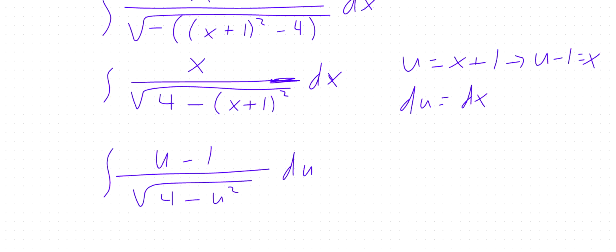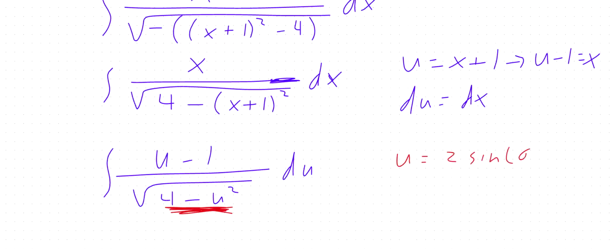Now this bottom, our u substitution still is not going to work. And we could try and split it up to do a u substitution, but then we still have some issues with there. So our best bet is to just go straight for our u equals 2 sine of theta.